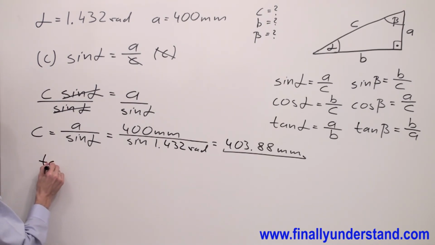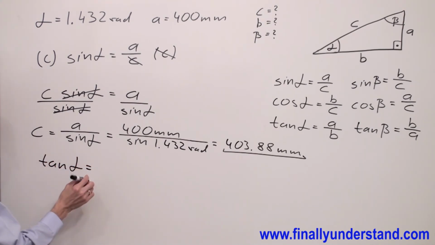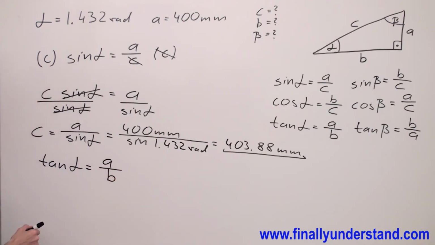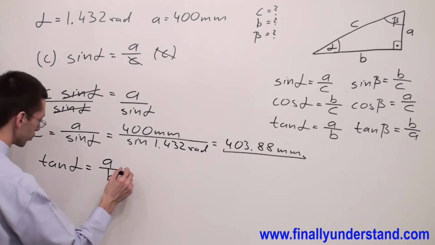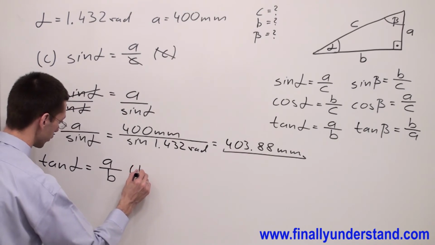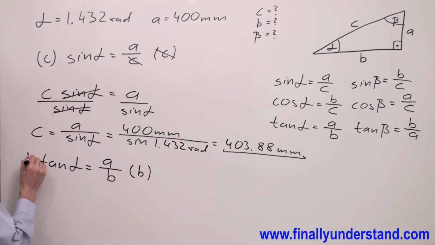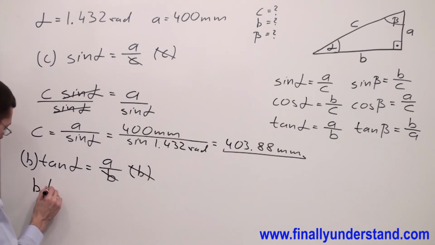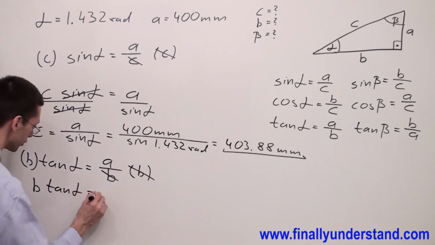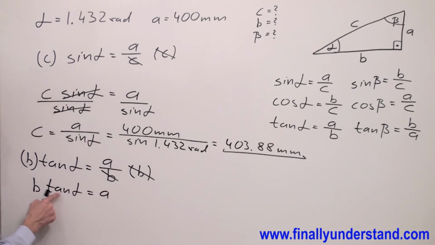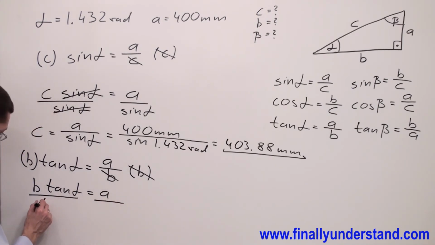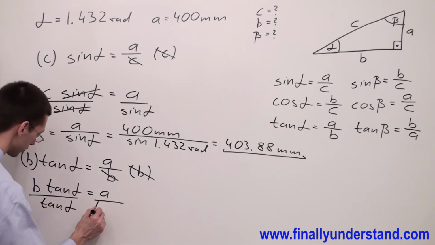So I have tangent alpha is equal A over B. In order to find B, in order to solve this formula for B, I'm supposed to multiply both sides of the equation by B. B and B will cancel out, and we have B tangent alpha is equal A. In order to solve this formula for B, I'm supposed to divide both sides of the equation by tangent alpha.